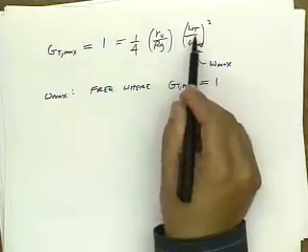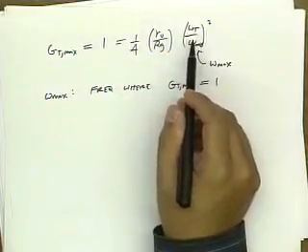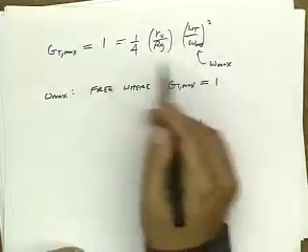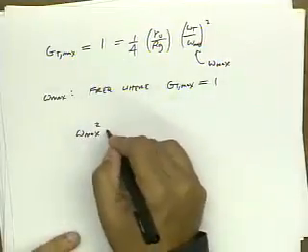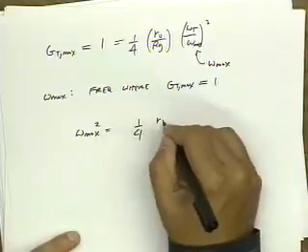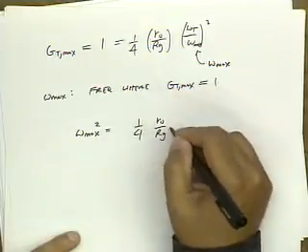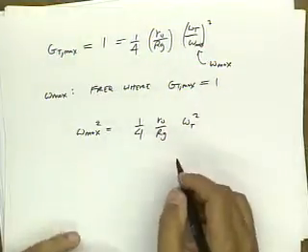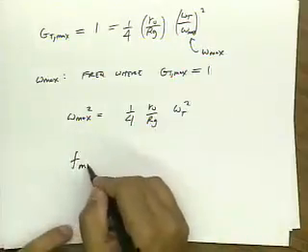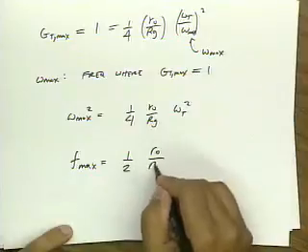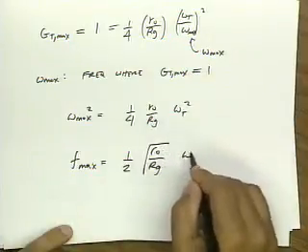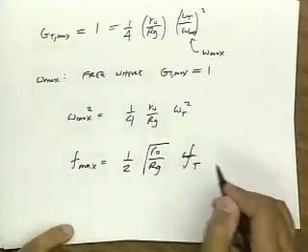We'll find that it's related to omega t, but it's not equal to omega t. Okay? So in fact, it's very simple. I can now solve for omega max squared is equal to 1/4 Rho over Rg omega t squared. So if I take the square root, I have that F max is equal to 1/2 square root of Rho over Rg times the Ft of the device.